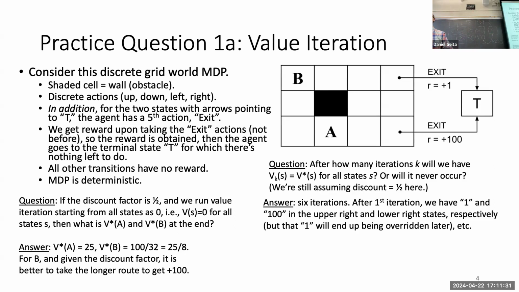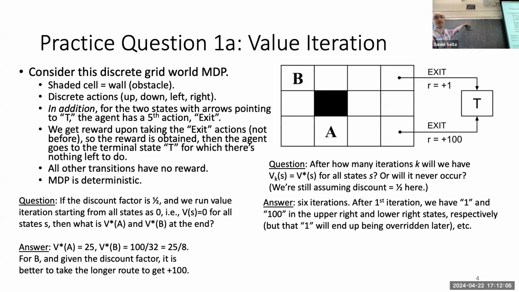But we still have to do more iterations because these still need to be updated. So after 4 iterations, let's write down the iteration numbers. After 4, we now get 25 over 2.